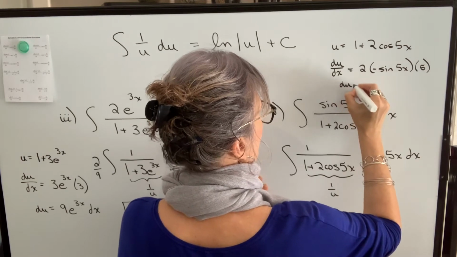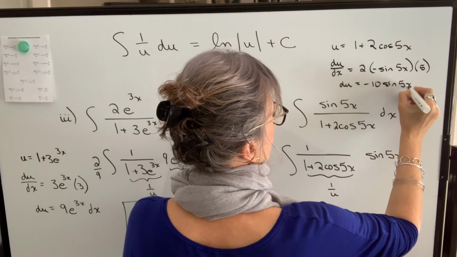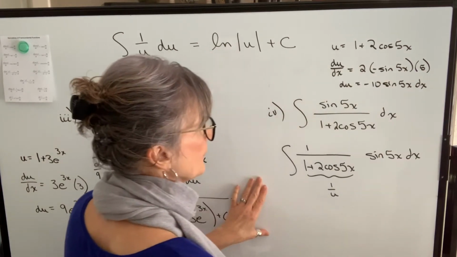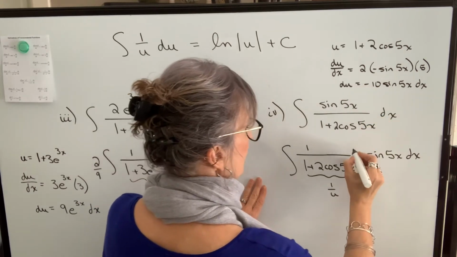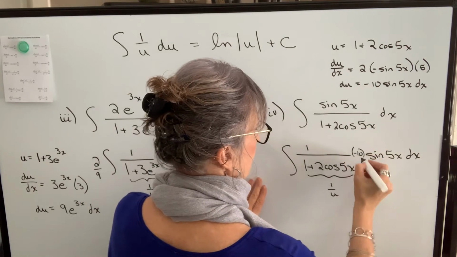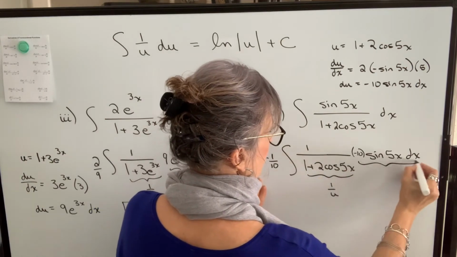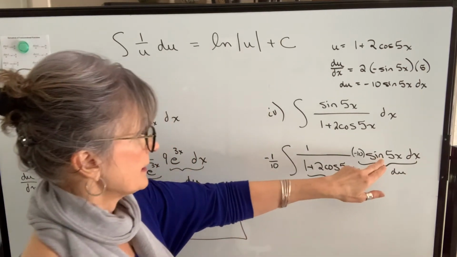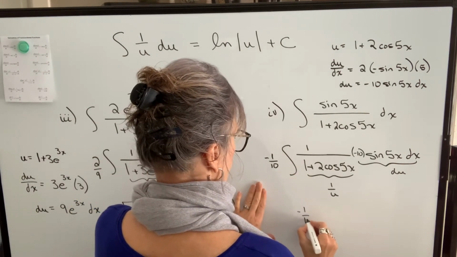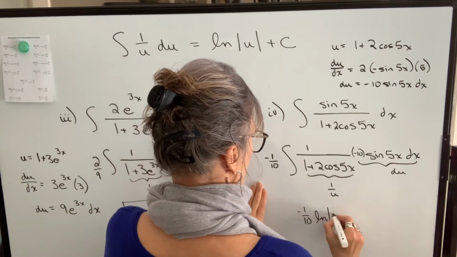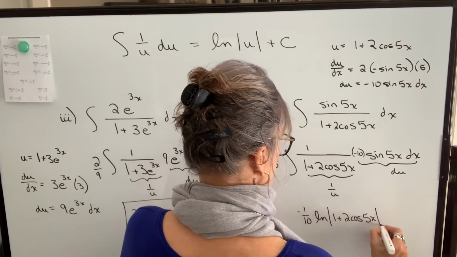So the du factor will be negative 10 sine of 5x dx. I have sine of 5x dx. I'm missing the negative 10, so I'm going to multiply by negative 10 and divide by it. So now that my du factor is exact, I plug into my rule. So it's going to be negative 1/10 times the natural log of 1 plus 2 times cos of 5x plus c.